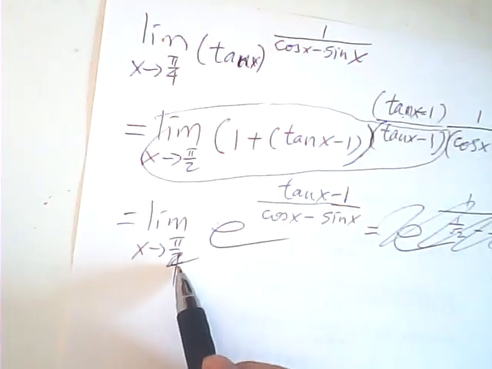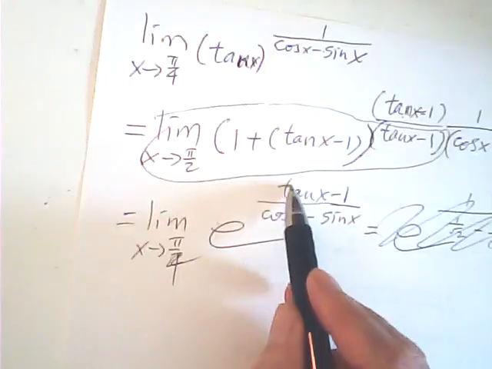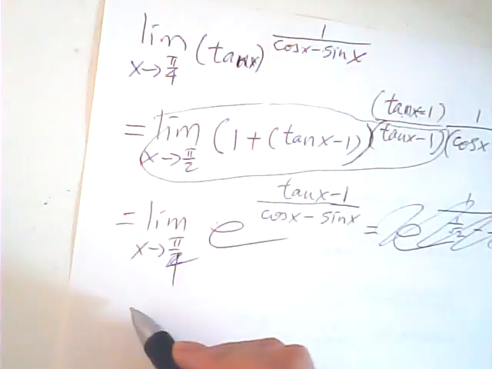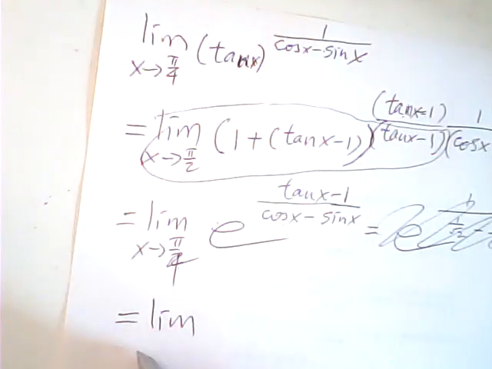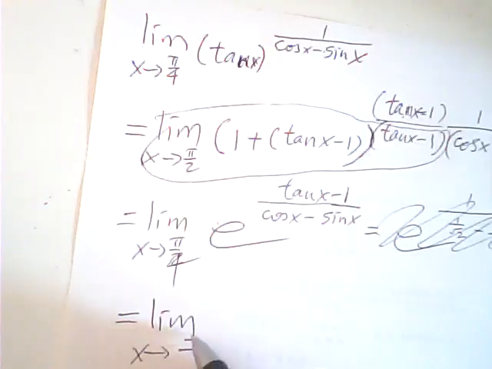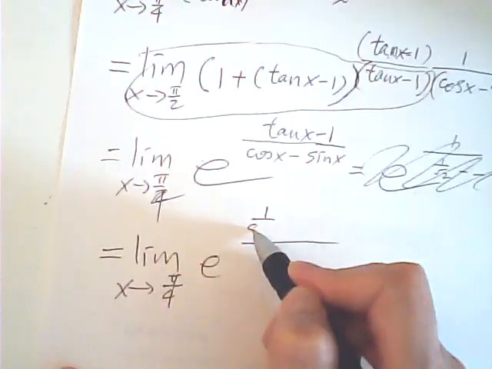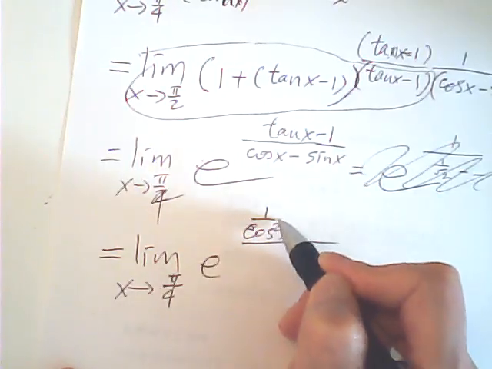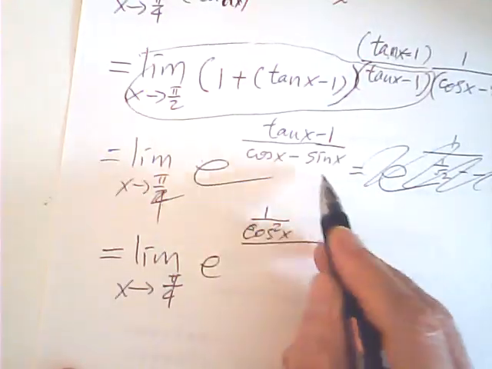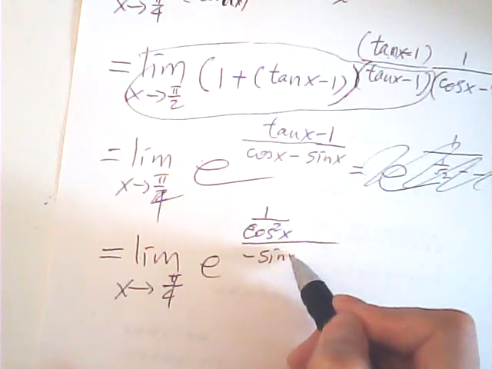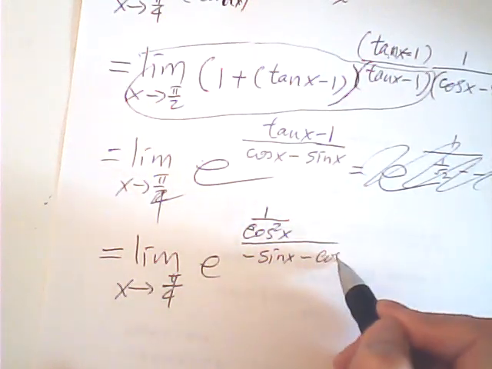And when x goes to quarter pi, the numerator is 0. So is this one. So we can use L'Hopital's rule. This one goes to quarter pi, e to the L'Hopital's rule. This one is secant square, right? And this one becomes negative sine. This is a negative cosine.